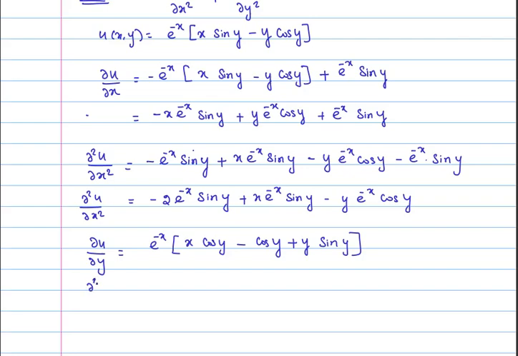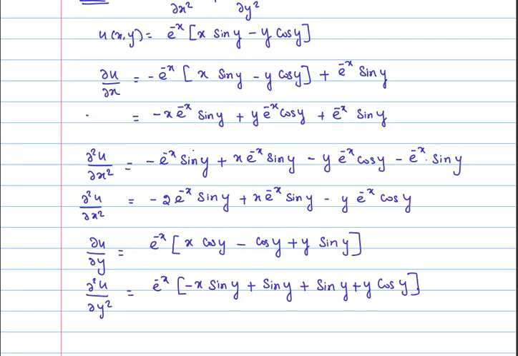Now I am going to take the derivative with respect to y again. Exponential of minus x stays as it is. The derivative of cos y gives minus sin y. So minus x times sin y, plus sin y, then plus sin y, plus y times cos y.